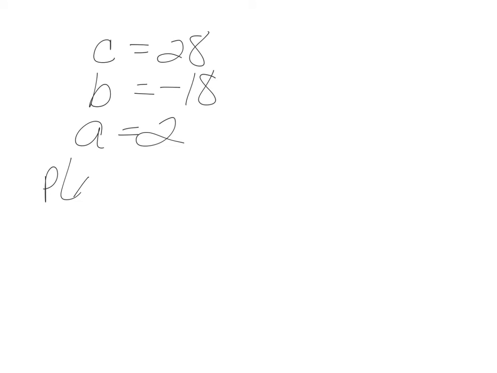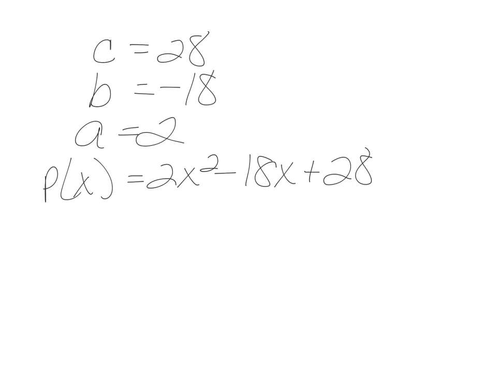That gives us an equation: 2x squared minus 18x plus 28. We should check our points. Our points were p of 0 equals 28. Oops.